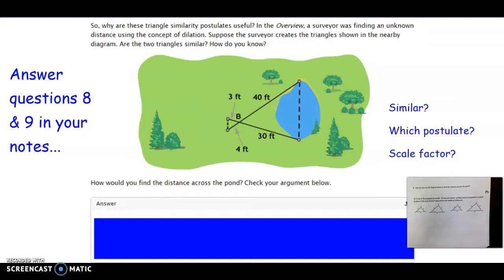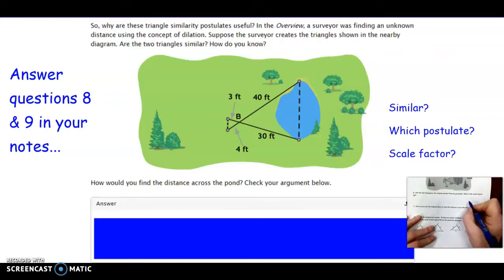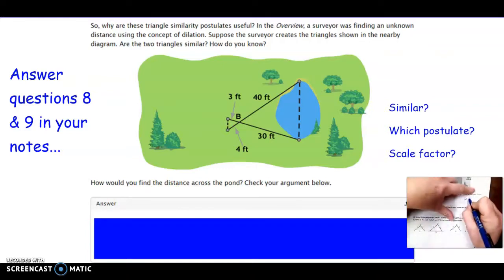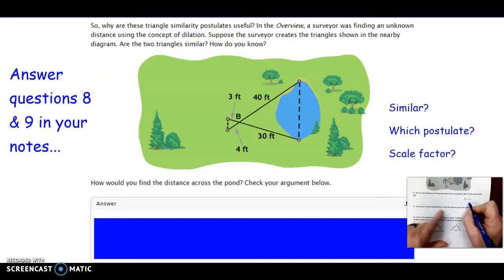So when we write a scale factor, remember that we always put the image length over the pre-image length. But again, we're going to assume the first one is the original, even though we were starting with this one. Okay, so the one on the left is always going to be your pre-image, or if one is on top of the other, the one on top would be the pre-image.